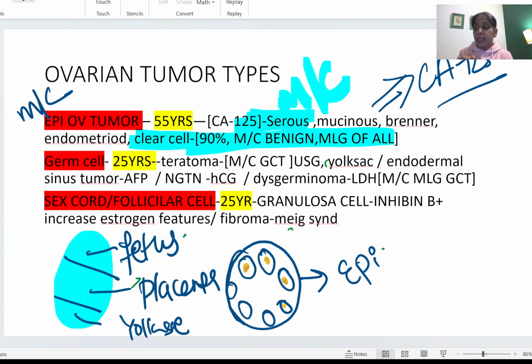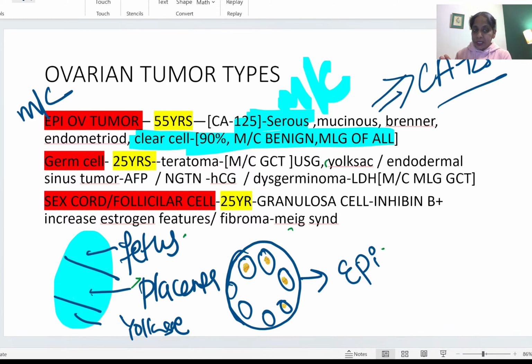Alpha fetoprotein, because yolk sac is a source of nutrition, so its tumor marker is a protein. Okay, and the part of the ovum which makes placenta, if it gets tumorous, then it will make HCG, right? HCG.